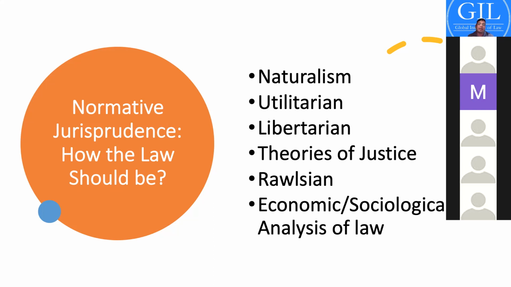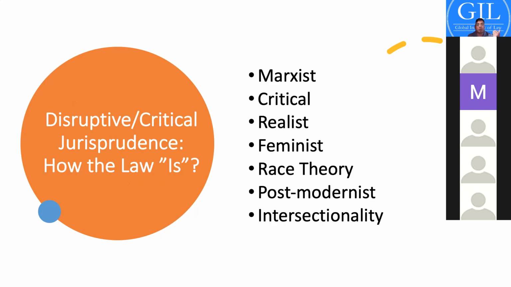Economic and social analysis of law takes into account economic and sociological theories, such as utilitarian theory, whether there should be Kaldor-Hicks efficiency, where the size of the pie is increased and then shared. Sociological analysis takes into account sociological and anthropological theories in order to enrich our understanding of what law is.